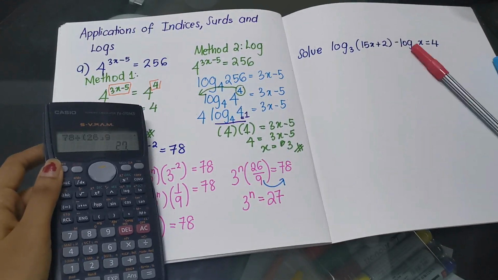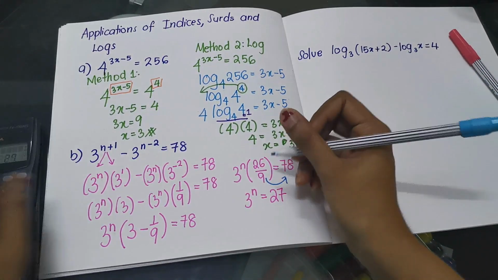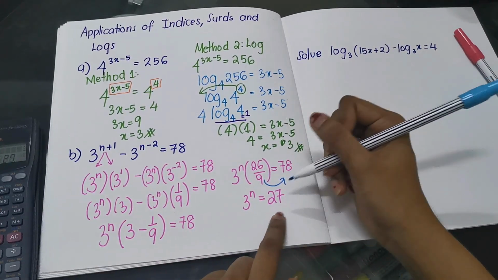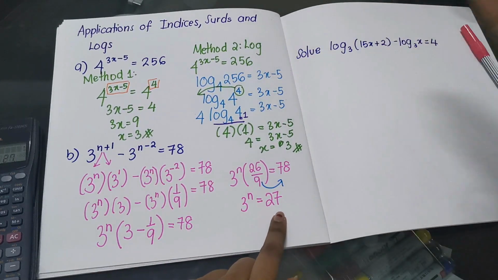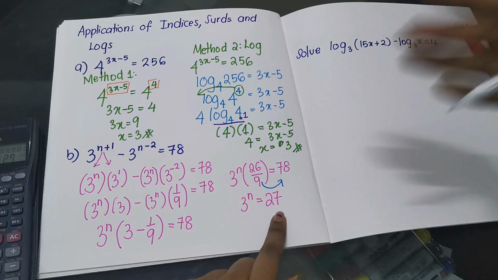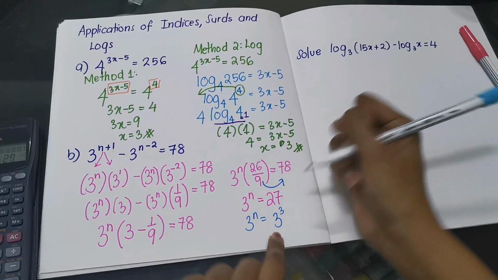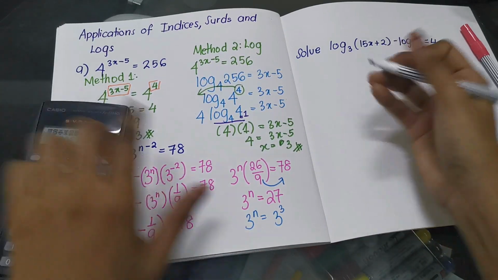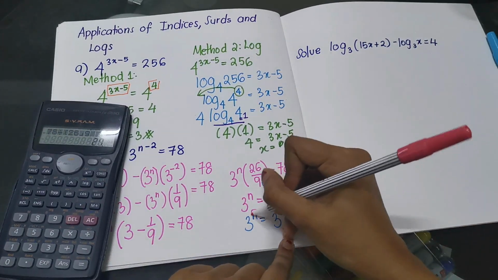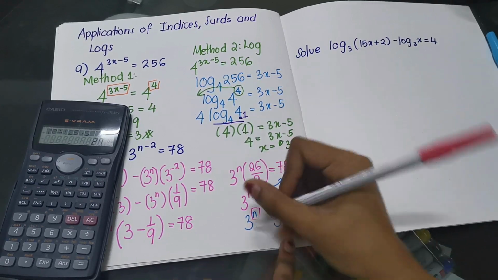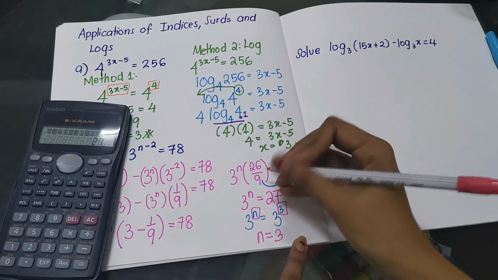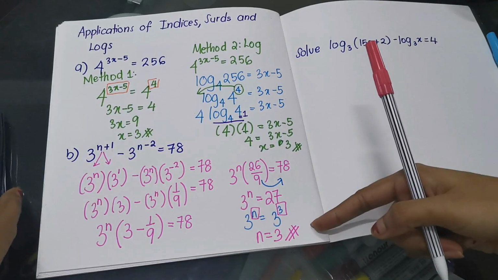Now we are finally towards the end, where for this 27 you can find base 3. So 3 to the power of what equals to 27? 3 to the power of 3, right? So immediately you compare the index. So n is equals to 3. So we already found the value of n.